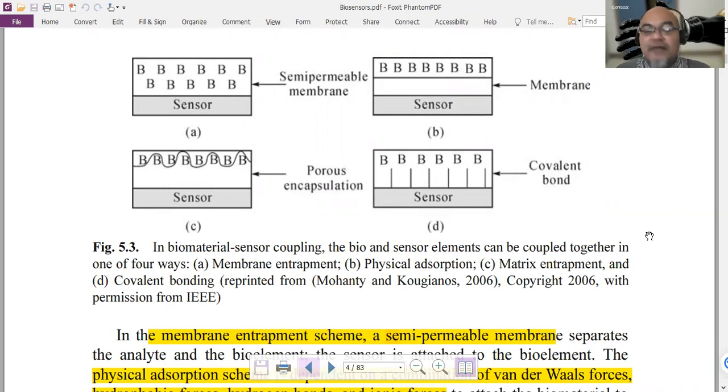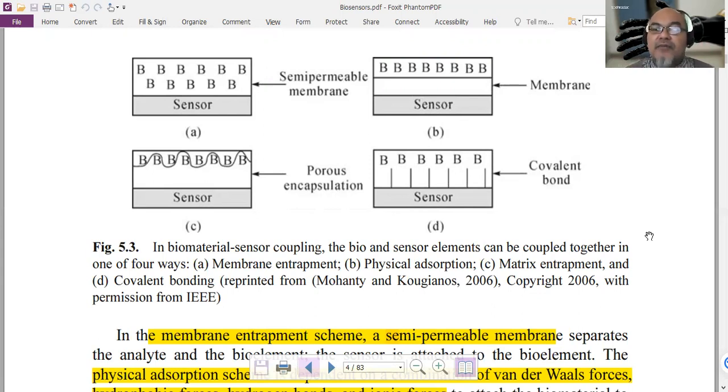For proteins like antibodies, usually they have the amino (NH) functional group, which can be exploited to bind with specific amino chemistry onto the surface of the sensor of the transducer.